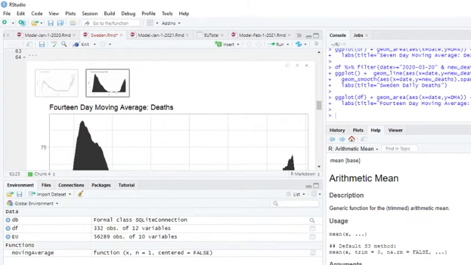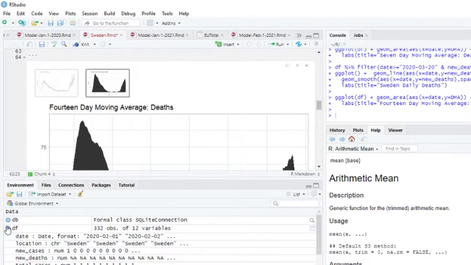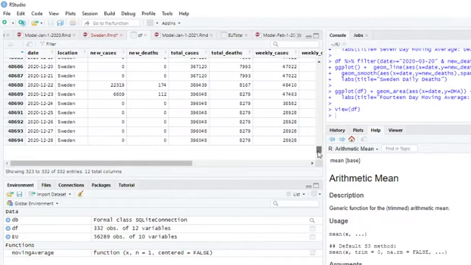Let's take a look and see what we got here. Let's take a look at the last days, new cases and new deaths, what we're interested in. So let's come all the way down to the bottom here.